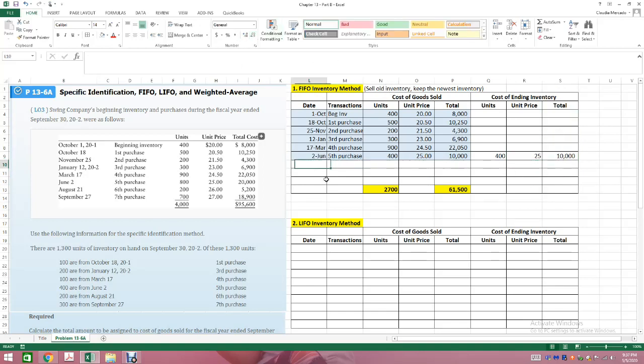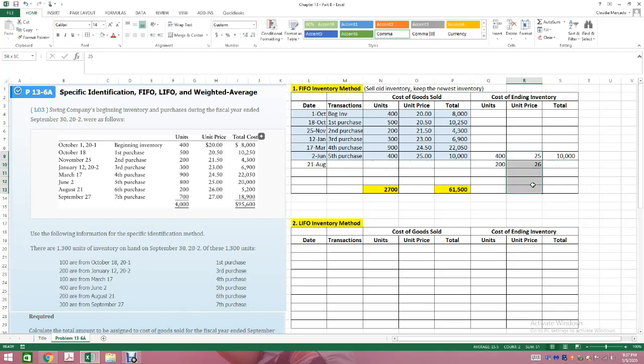Now we go to August the 21st. On August the 21st, all of those goods I did not sell. I kept in my warehouse. So those are going to go over in my ending inventory. So those I have 200 units at $26 a piece.